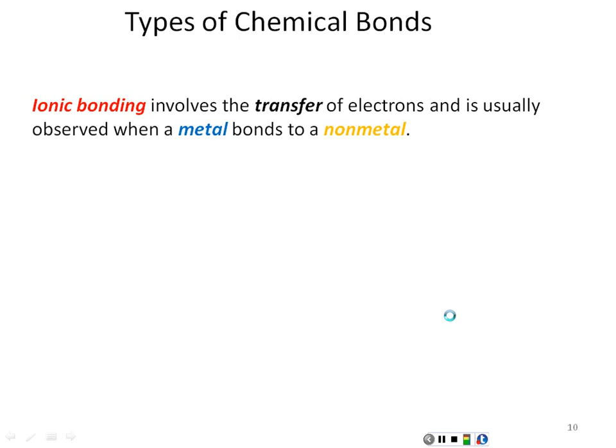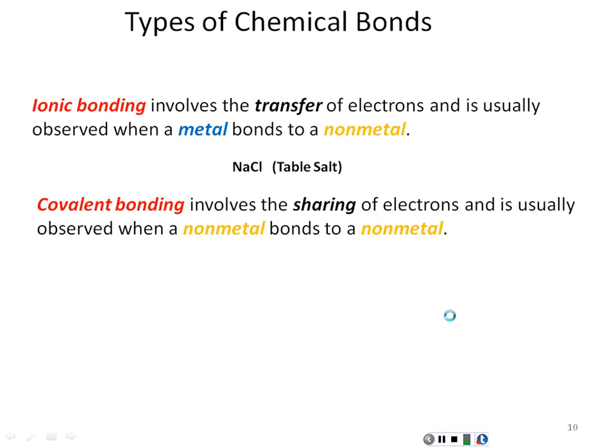The metal wants to give up electrons, the nonmetal wants to take in more electrons. And why is that? Because they both want to get to a configuration that is like a noble gas configuration. And a classic example of this would be sodium chloride, which is table salt.